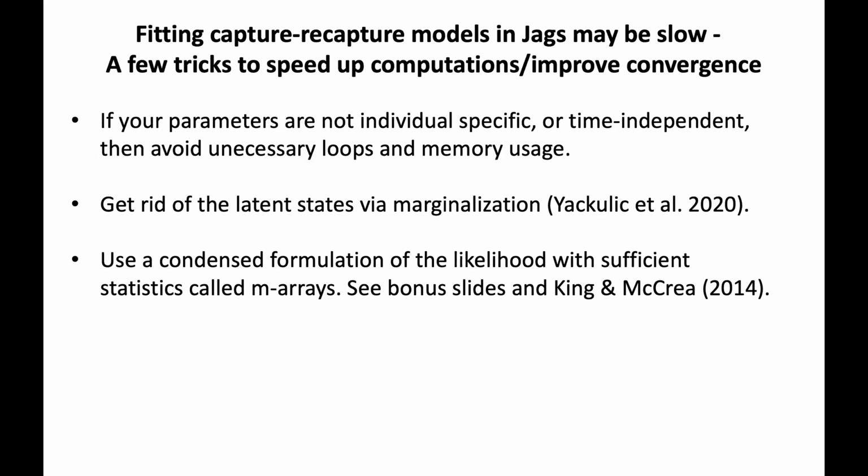For some models, you're able to build sufficient statistics that summarize all the information you need to estimate, for example, time-dependent survival or time-dependent detection probabilities. It won't work for all models, like random effects or stuff like that, but it will work for some of them.